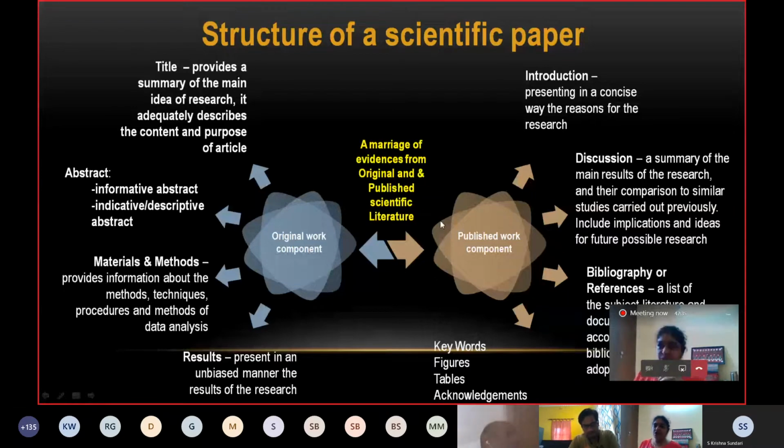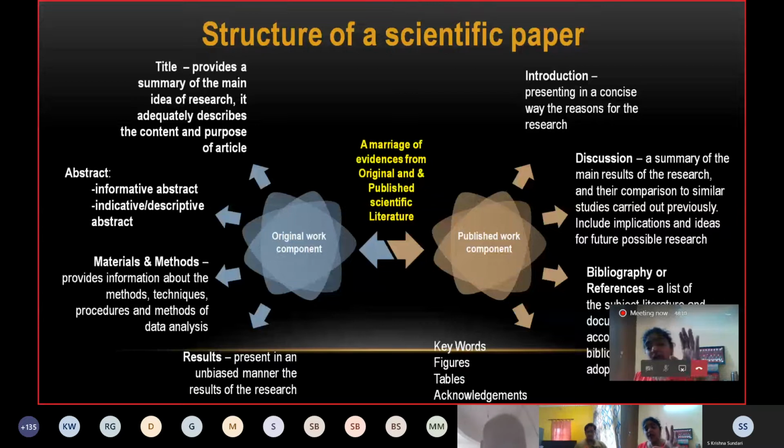Now, where does your original component of the work go? It goes like title, the title of the work. Of course, the title has to communicate what is unique about your paper, because many a times you must have seen, when you go into Google Scholar or any other search domains, when you are searching for a publication, the first and foremost thing that you are going to read is the title of the paper.